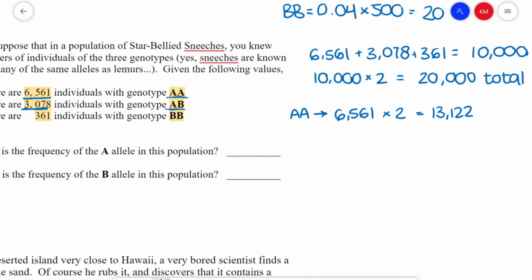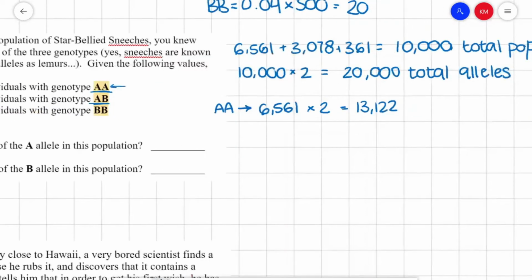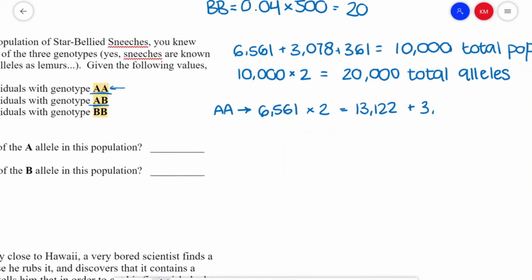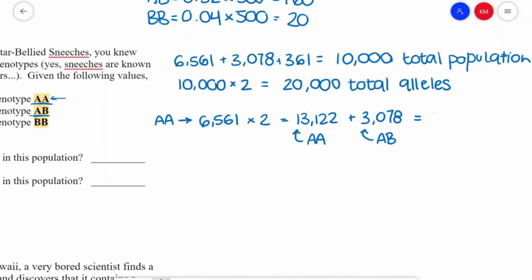So we have 13,122 A's from the AA genotype, plus 3,078 A's from the AB genotype. So I'm just going to label this. This is from AA, and this is from AB. So 3,000 more A's added onto that. And if you add those numbers up, you should get 16,200 A's.